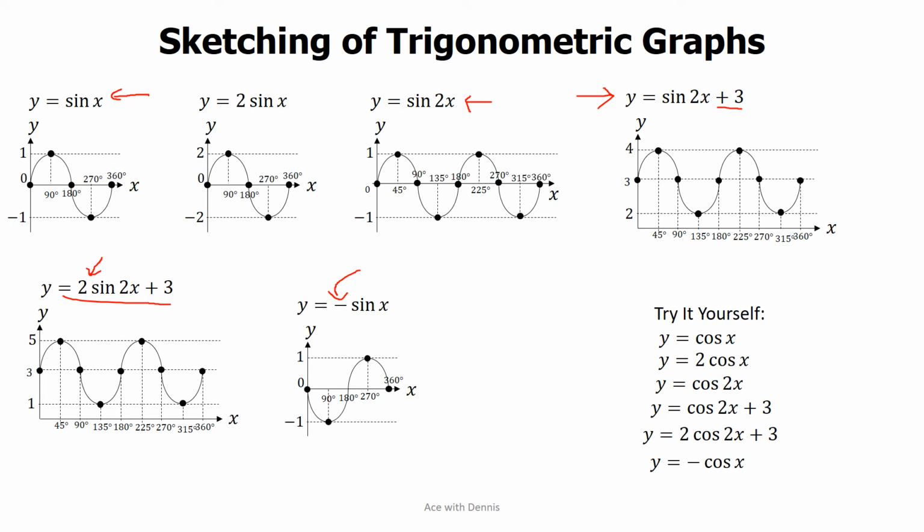How will the graph look like? y equals 2 cosine x, y equals cosine 2x, y equals cosine 2x plus 3, y equals 2 cosine 2x plus 3, and y equals negative cosine x. Please take a piece of paper and try to draw them yourself. I'm not going to show them here because the idea is very similar to the sine graph. Take your time and try to draw yourself.